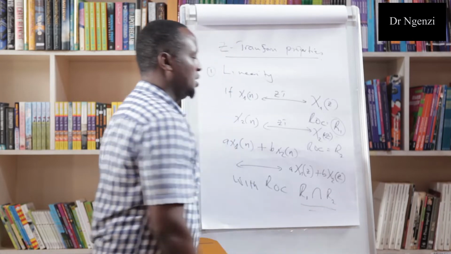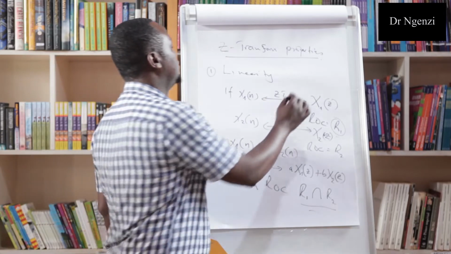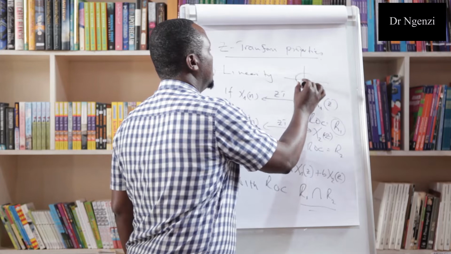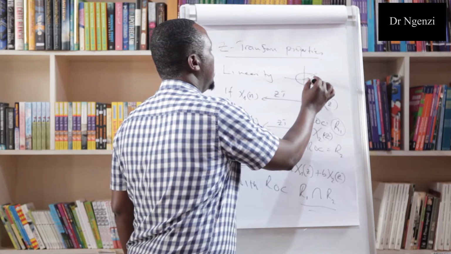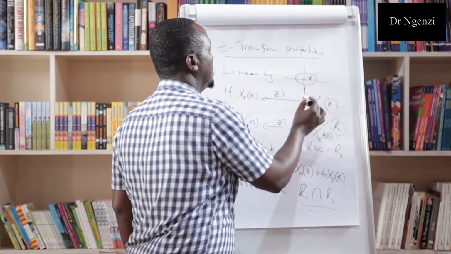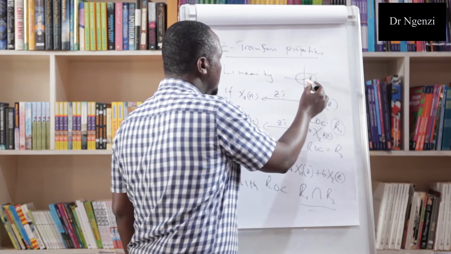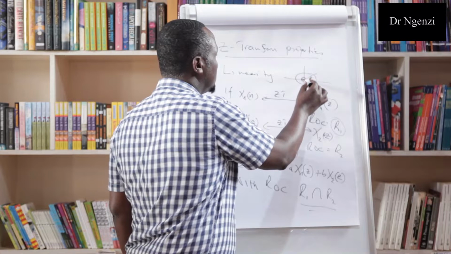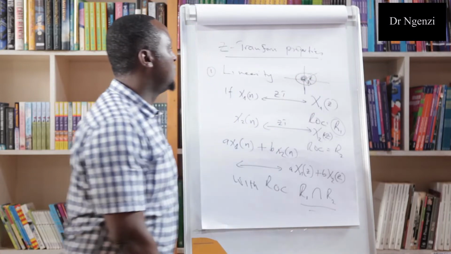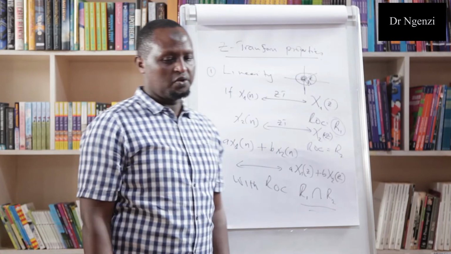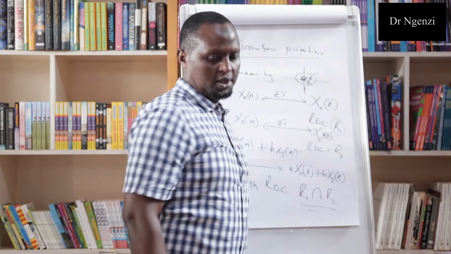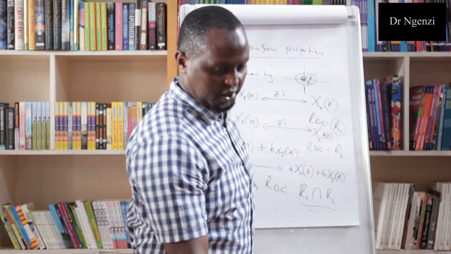Suppose you have a region of convergence at a given value of R1, and another convergence value for R2, then the region where they meet is going to be the region of convergence.